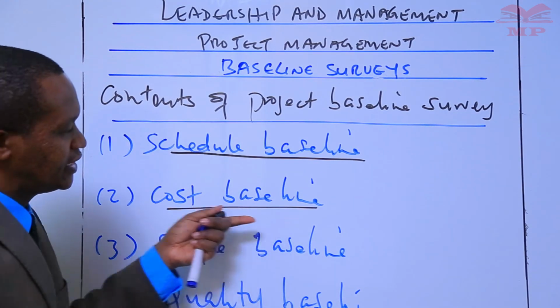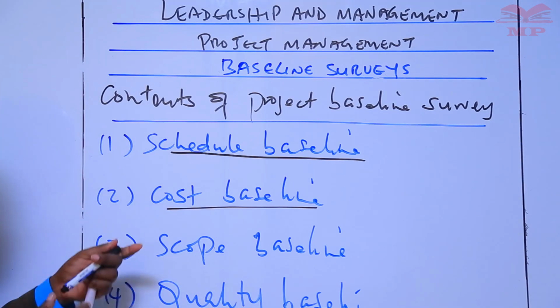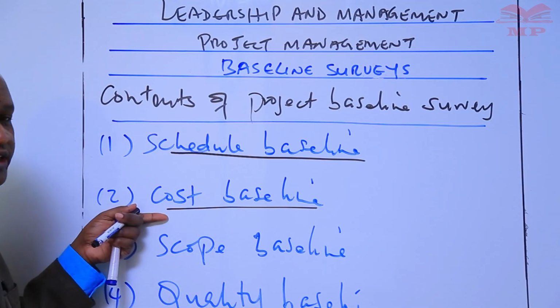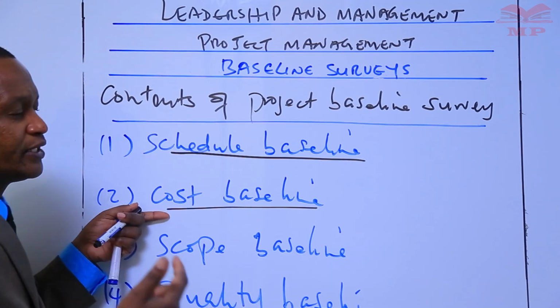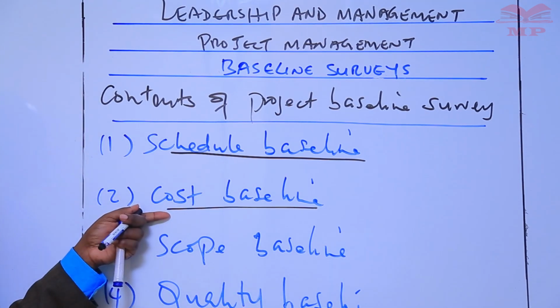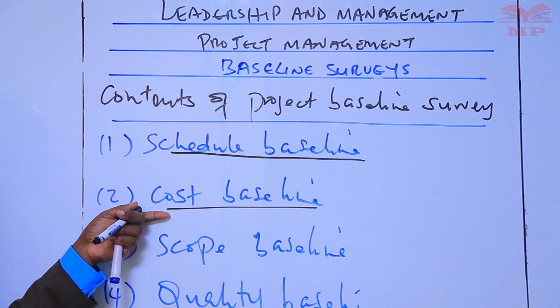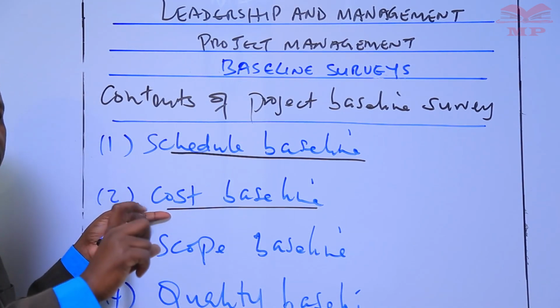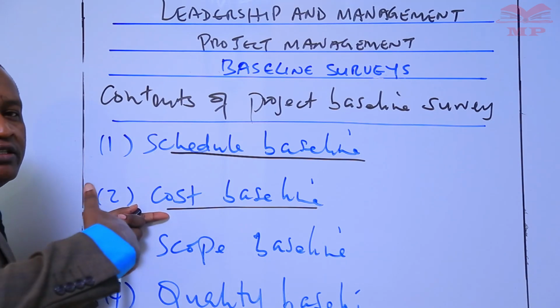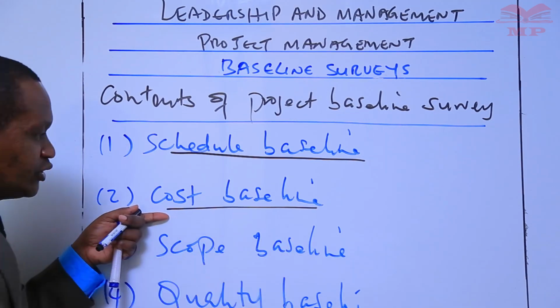And the cost baseline ensures that the project costs do not deviate from the budgeted costs. It is just a budget for the estimated cost of the project that is spread over time periods of the project.